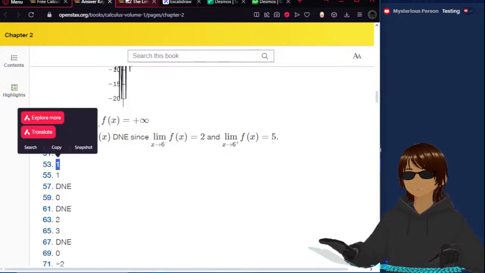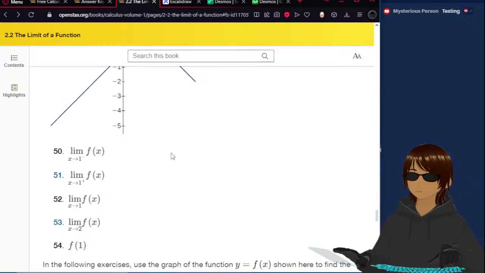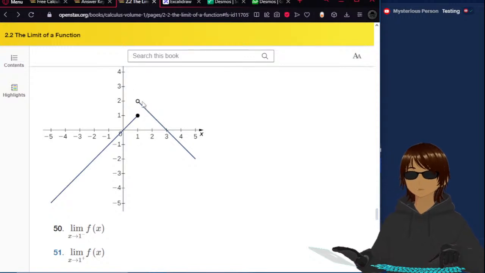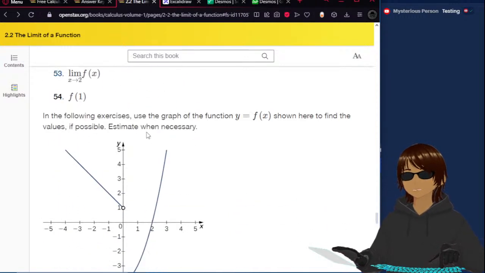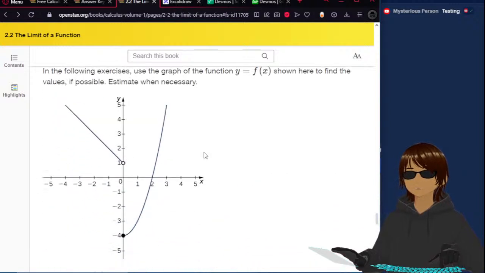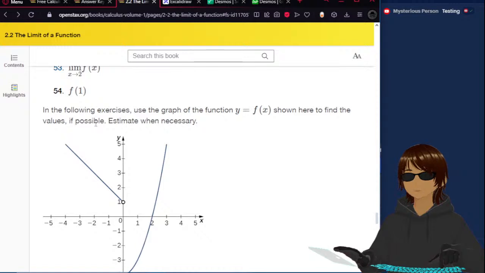This answer is wrong, I think. The limit is not supposed to exist because it's different on the positive and negative side. I mean, if I'm wrong, then someone should correct me.